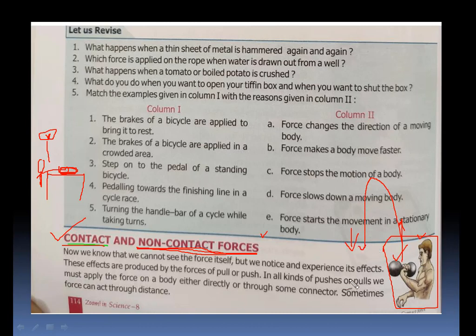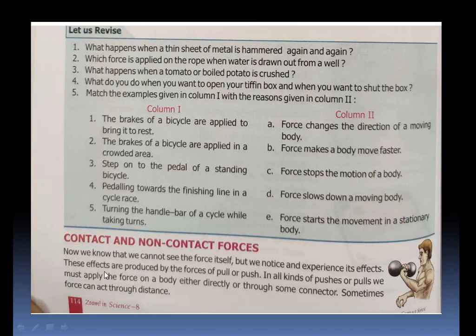So as you can see, the earth is trying to pull this dumbbell towards itself. But there is no physical contact between the earth and the dumbbell. So this kind of force is known as non-contact force. So in case of contact force, there is a physical contact. In case of non-contact force, there is no physical contact between two bodies or objects. Okay.